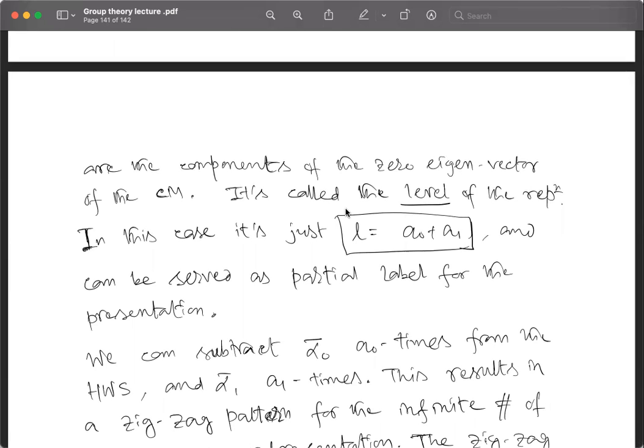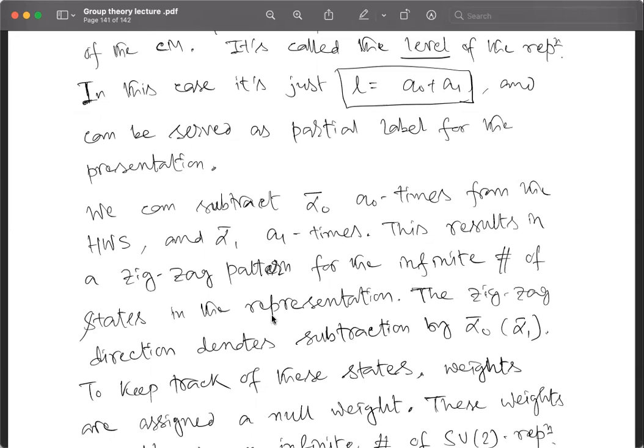In this case, we can define the level k equal to a0 plus a1, which can serve as a label for the representation. So we can subtract alpha_0, a0 times from the highest state and alpha_1, a1 times, and that's it, manifestly in the construction.